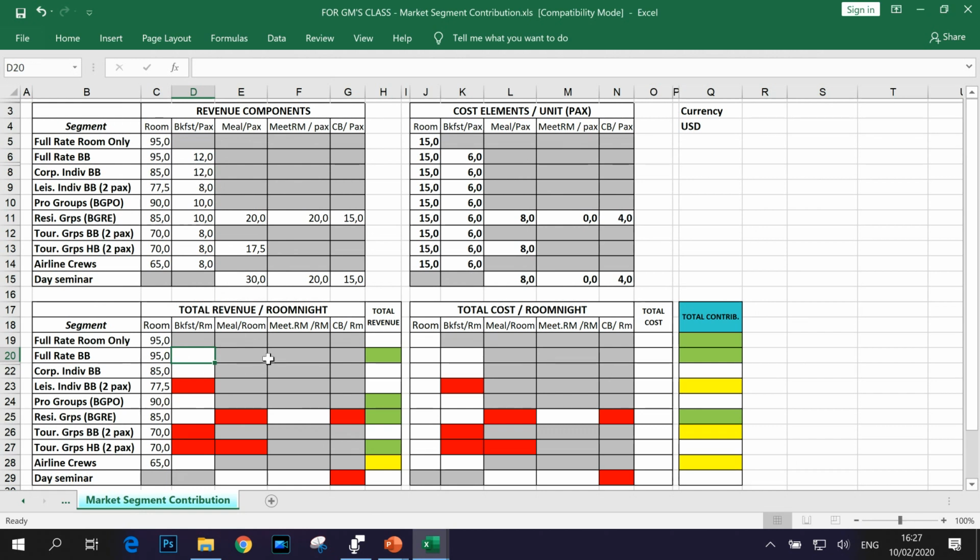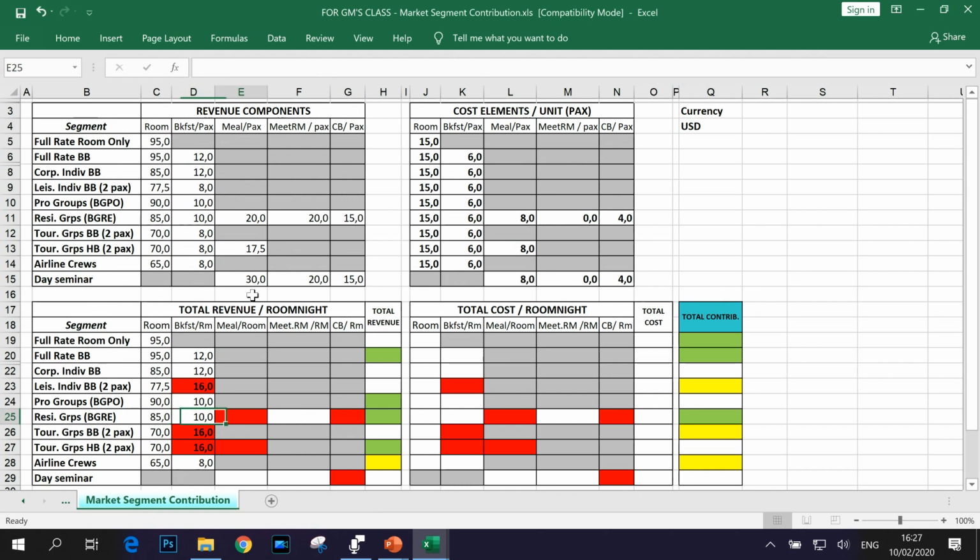So still revenue 12 for corporate. Leisure individual is 2 pax, so revenue should be double, so it's just 16. Here professional group 10, same, residential group 10, same. Tour group should be double occupancy, 16 for breakfast. Half board same, 16. Airline crew, single occupancy.